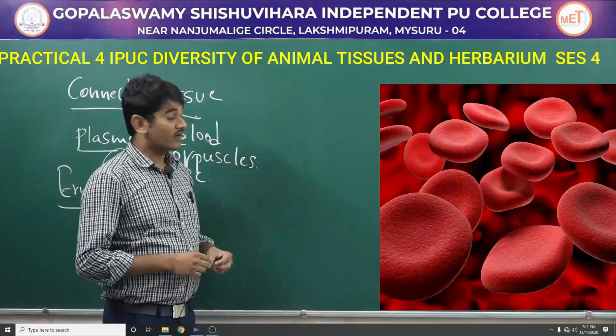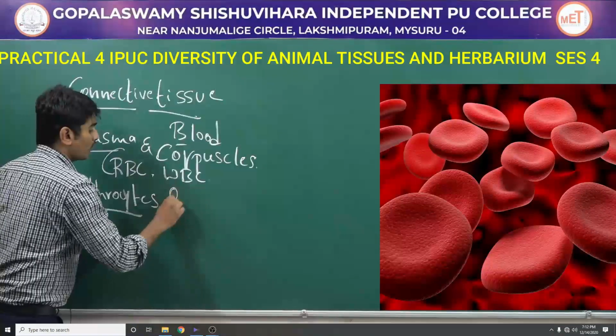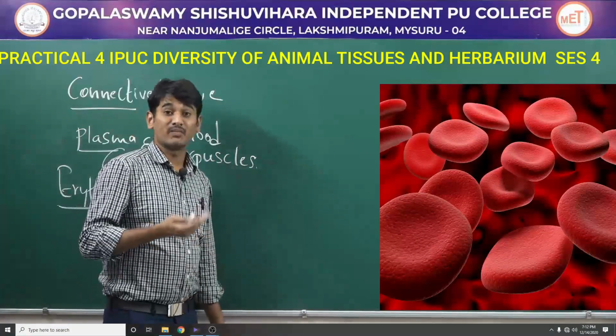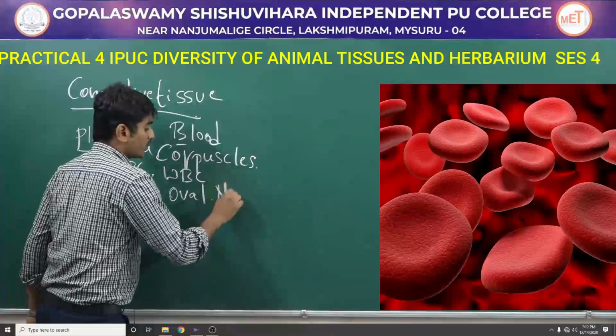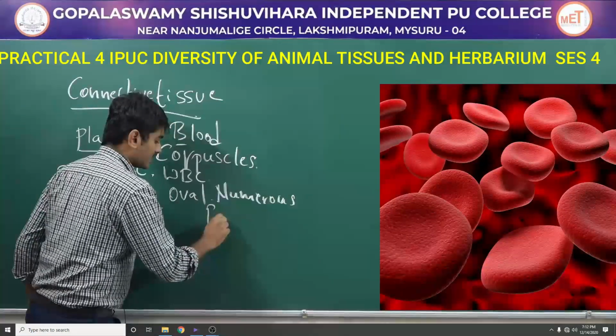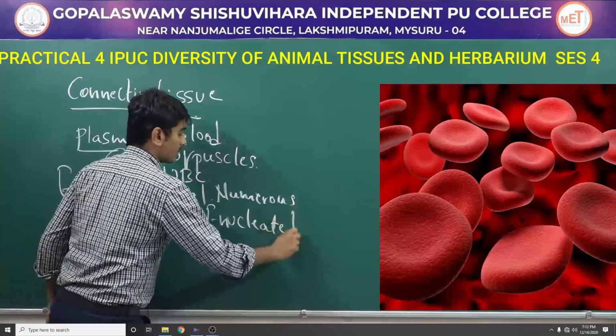On the right side we can observe the red blood cells. These red blood cells are oval in shape and numerous, which means great in number, and enucleated, which means absence of nucleus.